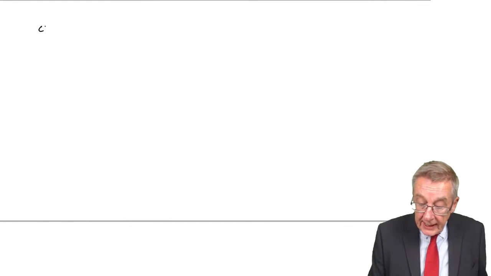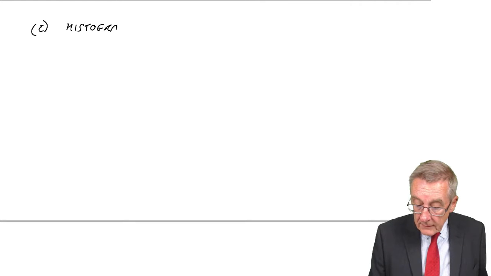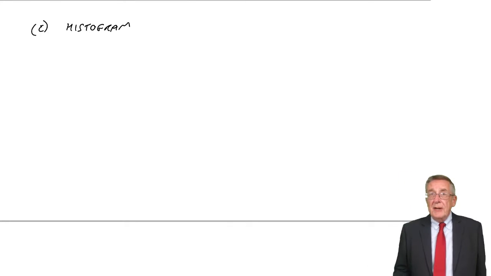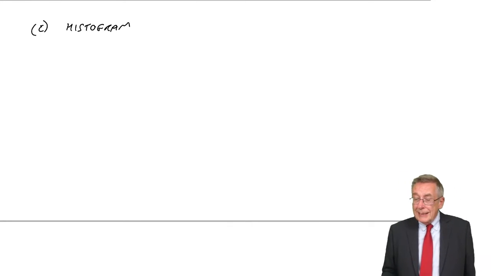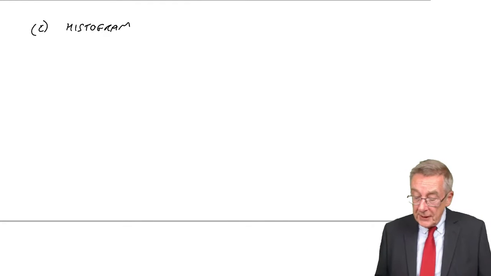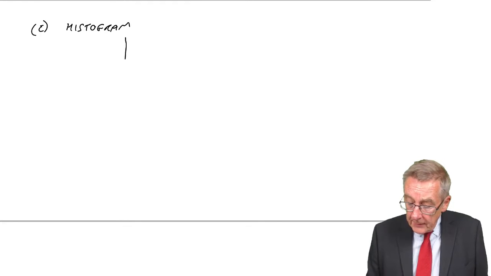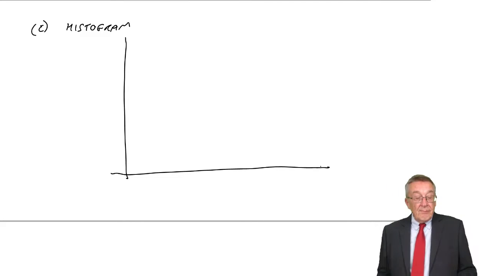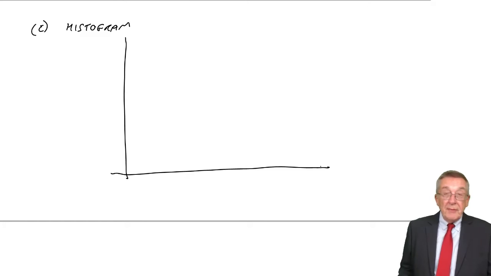The next one, a histogram. This will look a bit like a bar chart. It's very similar, but it's quite important for what's coming later in this chapter, in the next chapter. But with what a histogram is, for the same data, along the bottom we show the variables.